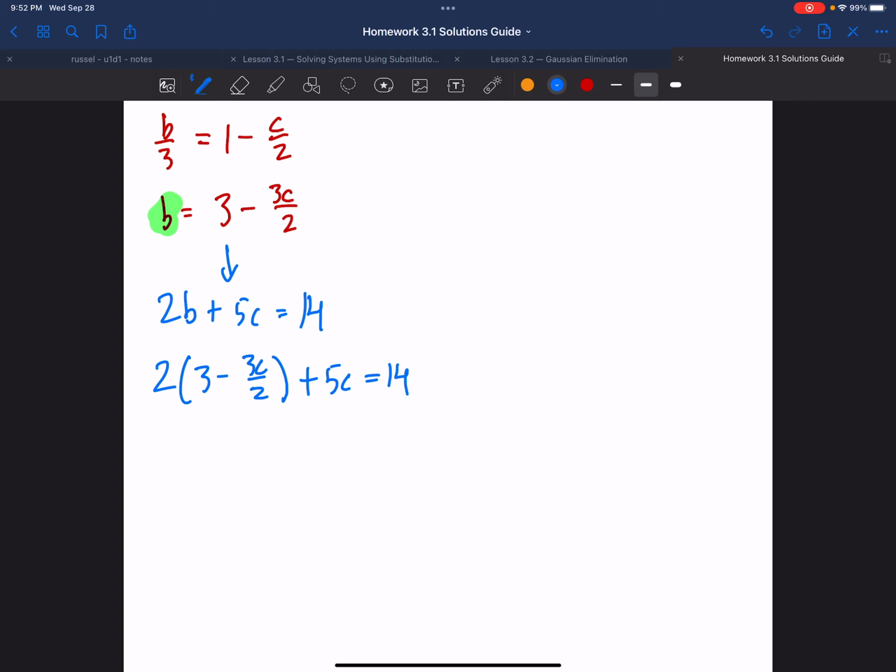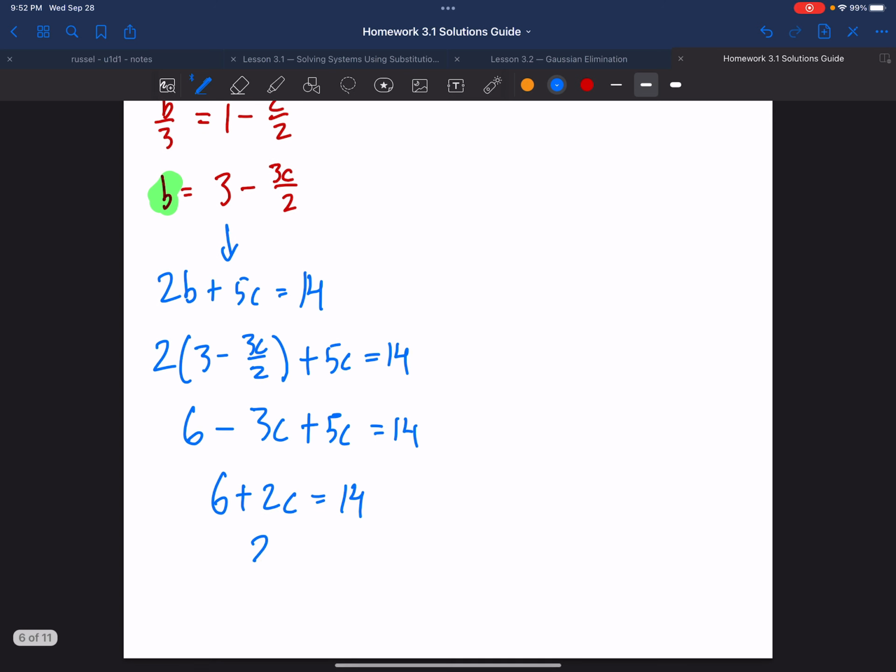I multiply this out: 2 times 3 is 6, minus 2 times 3C over 2 is 3C, and then plus 5C equals 14. Negative 3C plus 5C is 2C, so this is 6 plus 2C equals 14. Subtract 6 from both sides, 2C equals 8. Therefore, C equals 4.